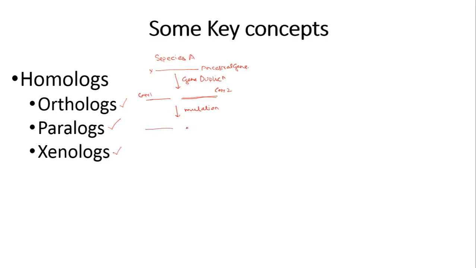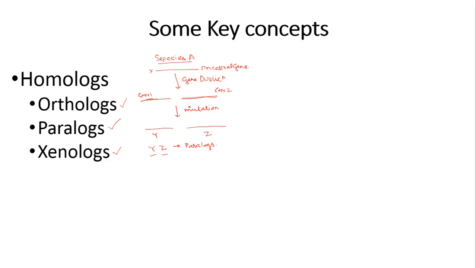After some time, in the same species, you might have some gene Y and gene Z. After acquiring a significant number of mutations, copy 1 can perform some function, while copy 2 can perform a different function. So such two proteins, protein Y and protein Z, are called paralogs of each other. So paralogs are proteins with different functions in the same species.